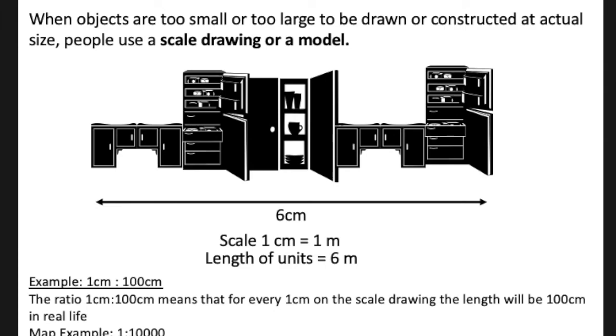Another example, if you look at a map, like the global map, as a scale drawing or a scale model. So if it says the ratio is 1 to 10,000, that means the real distance would be 10,000 times the length of the one unit on the map.